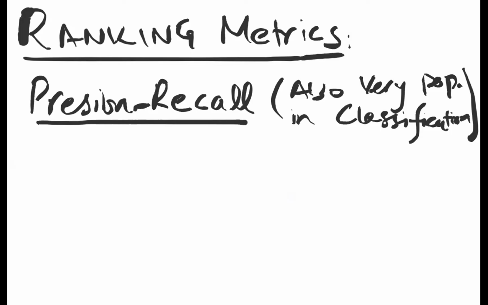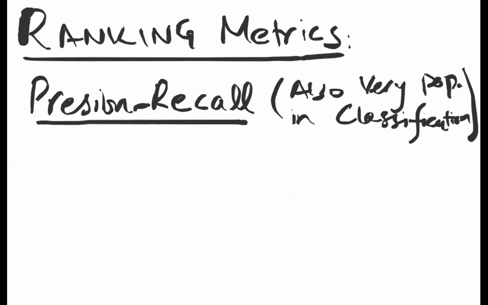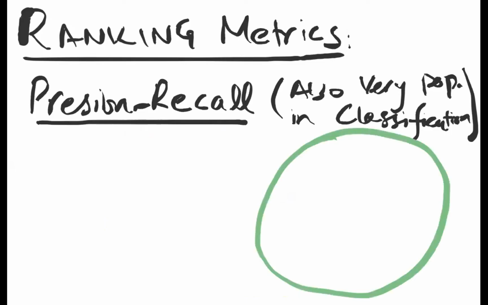Okay, let's use our colors smartly. Let's say we have a ranker and we want to evaluate how good our ranker is doing. Let's say we have this green circle, and it is all the relevant documents, or the good documents, which we wanted.